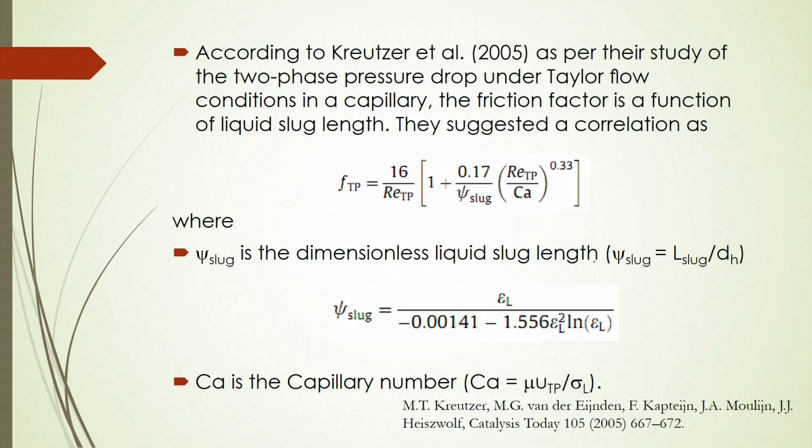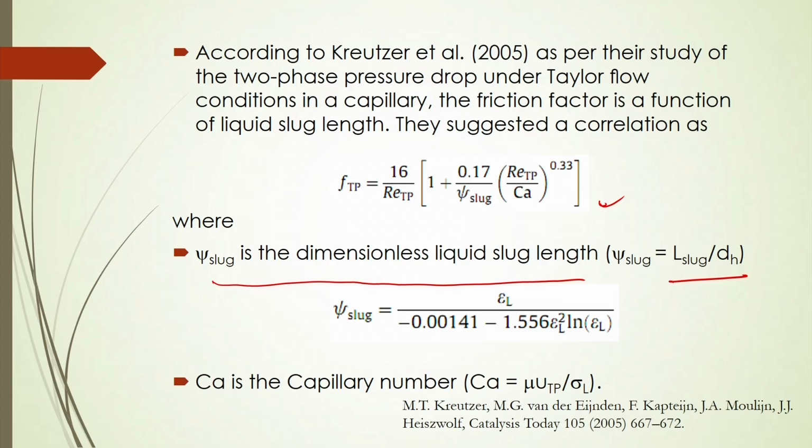And according to Kritzer et al. 2005, they also suggested a two phase pressure drop under the Taylor flow condition in a capillary. In that case the friction factor is a function of liquid slug length, and they suggested a correlation like this, where psi slug is the dimensionless liquid slug. It is very important to know, and it will be a function of the slug length and the hydraulic diameter.